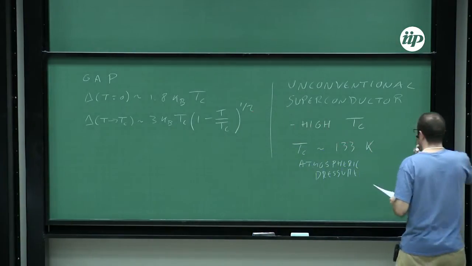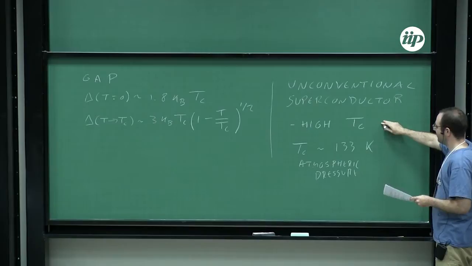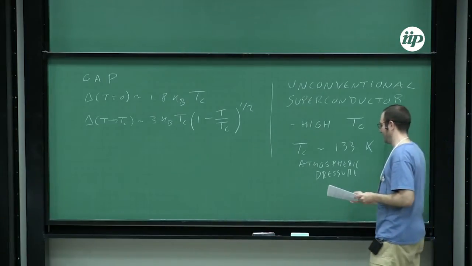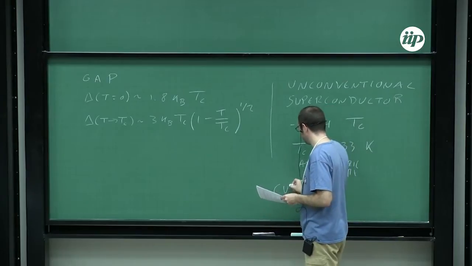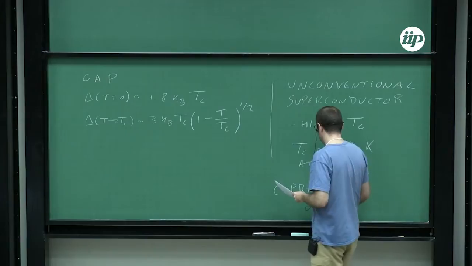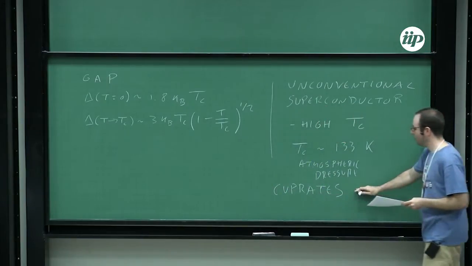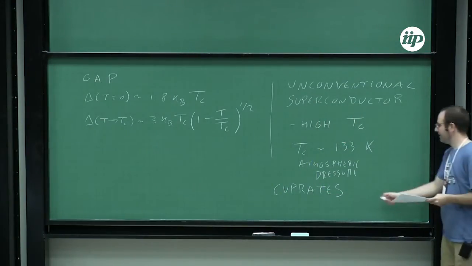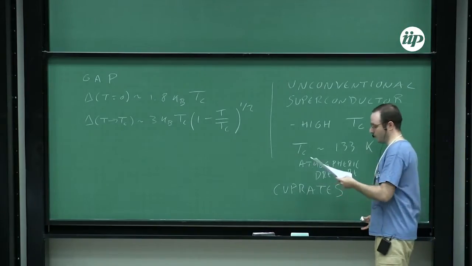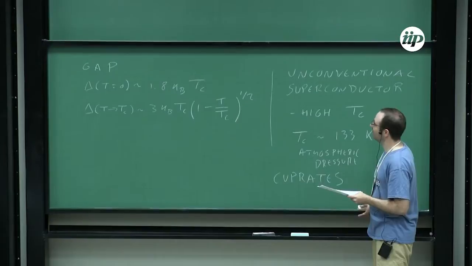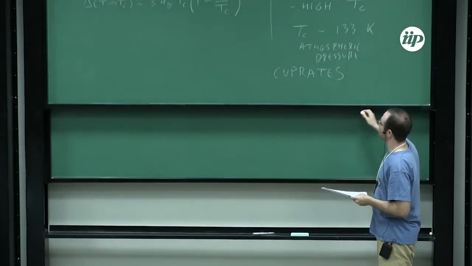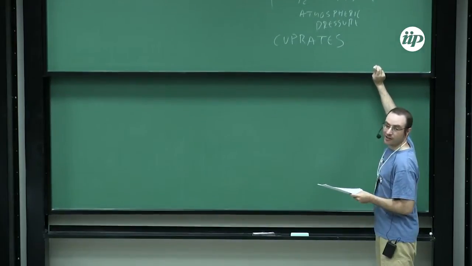This high Tc superconductivity appears in some materials that are known as the cuprates. And there is no satisfactory description of these materials from the microscopic point of view in condensed matter. They are effectively two-dimensional, and they look strongly correlated.